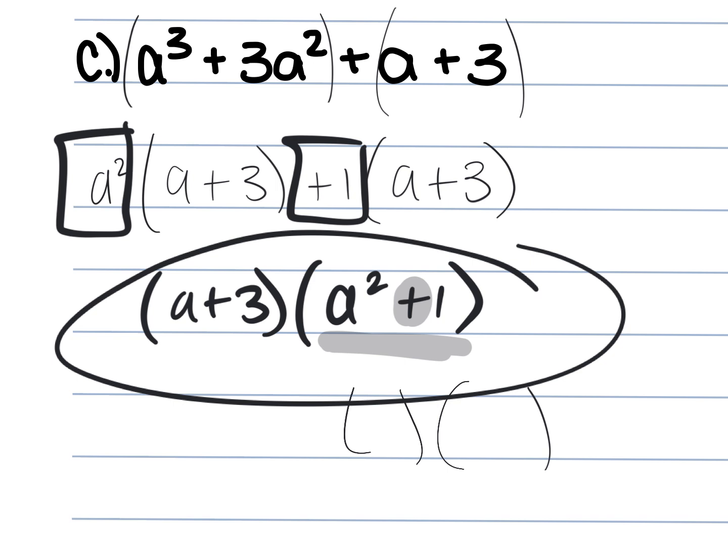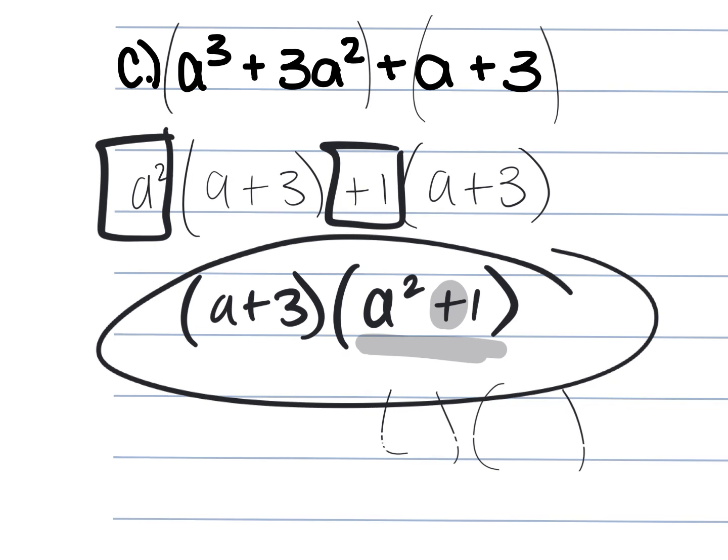Okay? Matthew. But if it's a minus sign, it wouldn't match. Didn't you say that it has to match the a plus 3? I'm confused on that question. Oh, I see what you're asking. Yes.